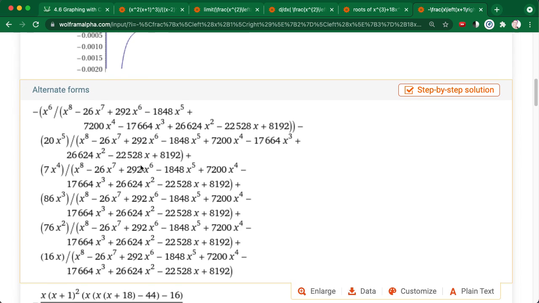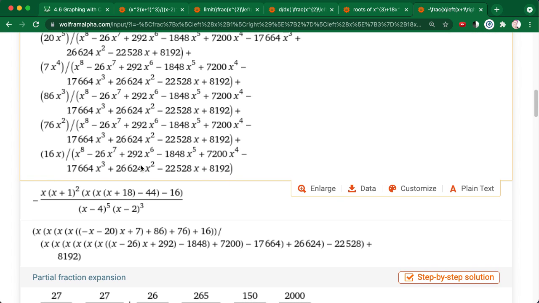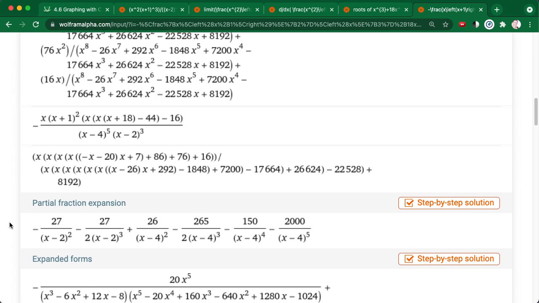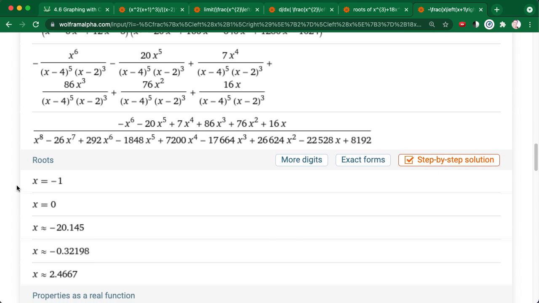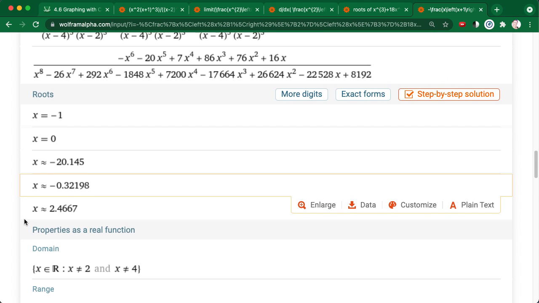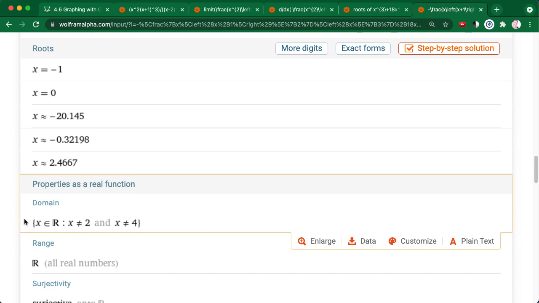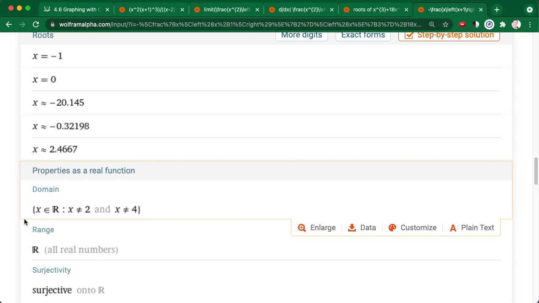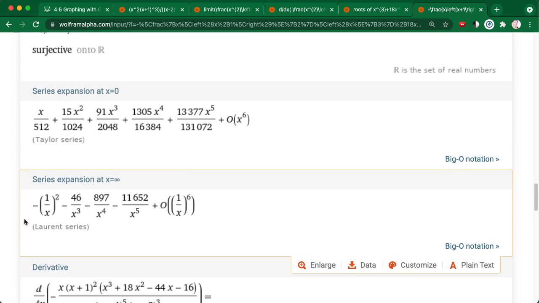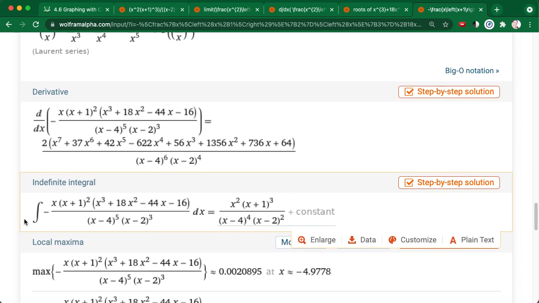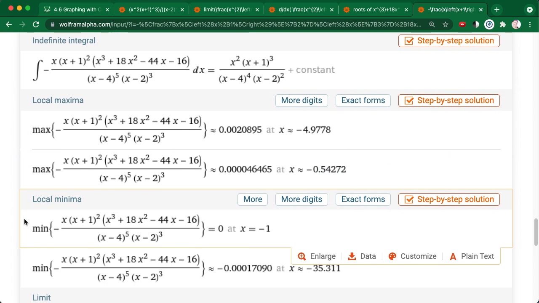Yeah. Let's see what else it tells us. There's alternative forms, I don't care. Partial fractions, I don't care. Expanded forms, I don't really care. I want to know about roots. Here's the roots, which are the things that we found before. I kind of want to know where it's positive or negative.